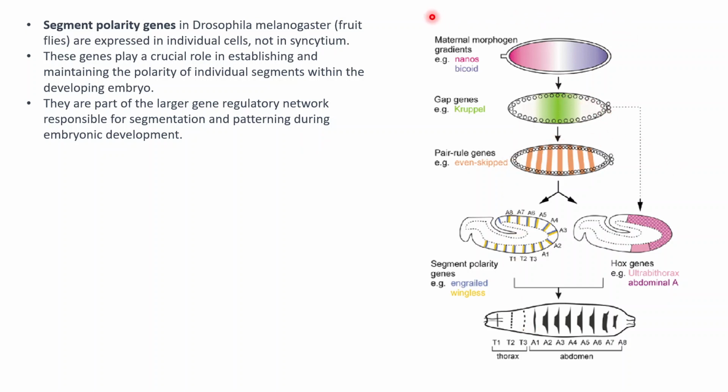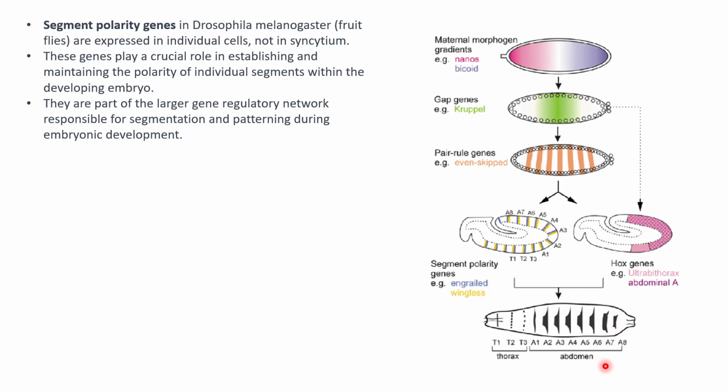Again, emphasizing in this figure the order of hierarchy: maternal effect genes, then gap genes, then pair rule genes, finally segment polarity genes, and all three are involved in controlling the Hox genes. Finally we have a segmented body plan of the Drosophila larva. T1, T2, T3 form the thorax, and A1 to A8 form the abdomen. So here is an example of segment polarity genes.